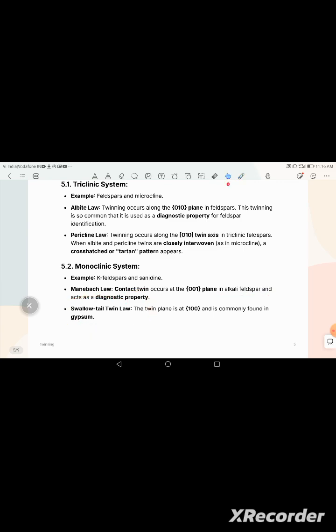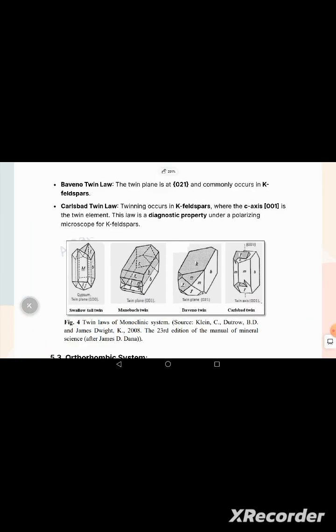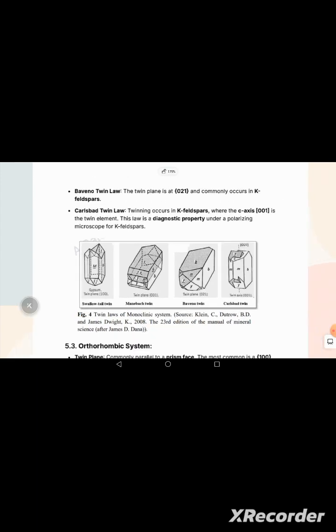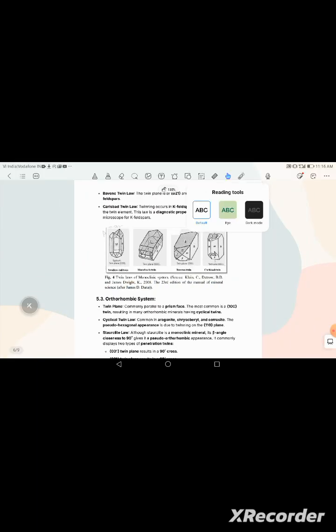Then comes the Baveno law. So Baveno law is 021. Here it is Baveno. This is Manebach law. Manebach law, we must have seen the diagram.